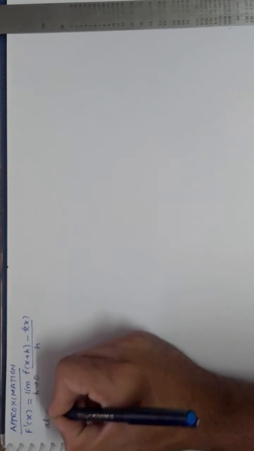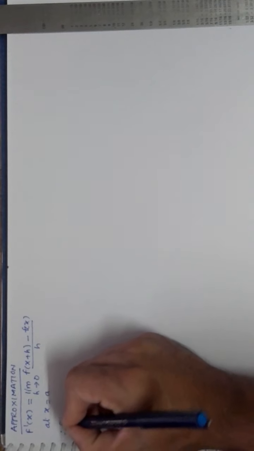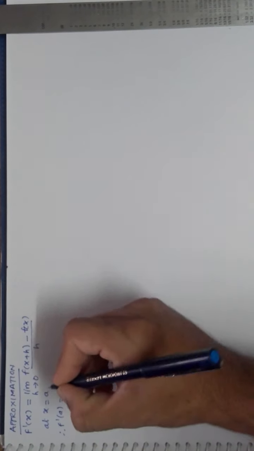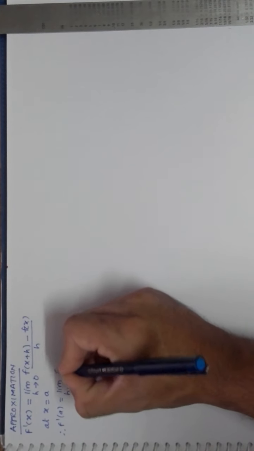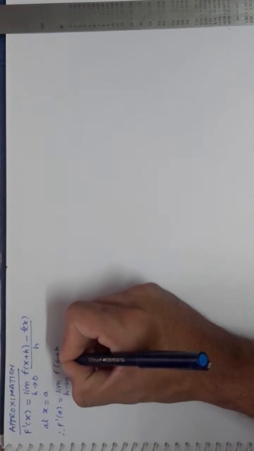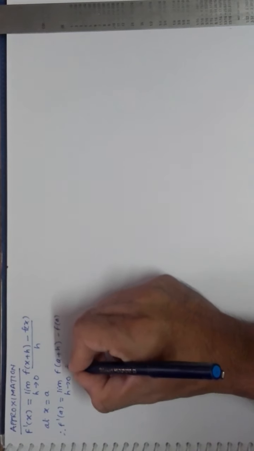Agreed? So now at x is equal to a, this same derivative will become f dash a is equal to limit of h tending to 0, function of a plus h minus function of a upon h.